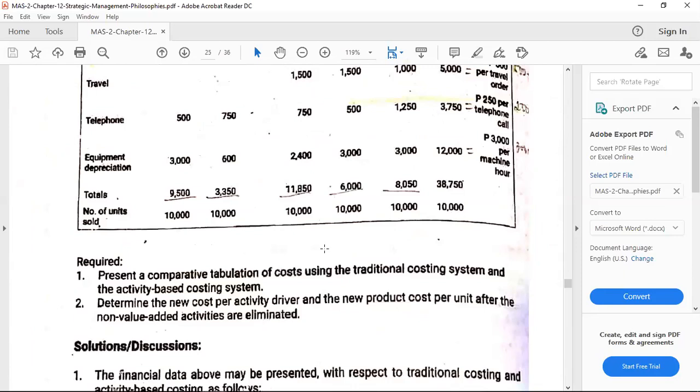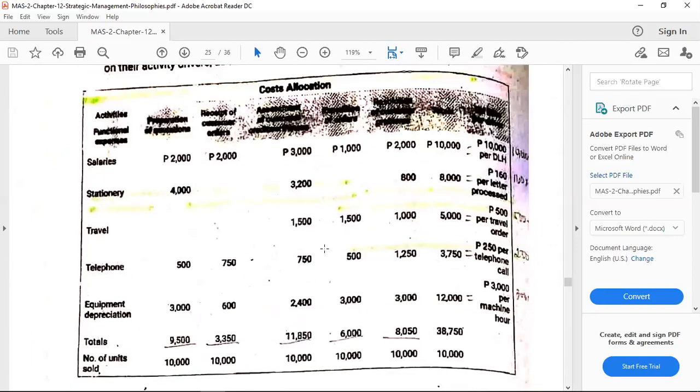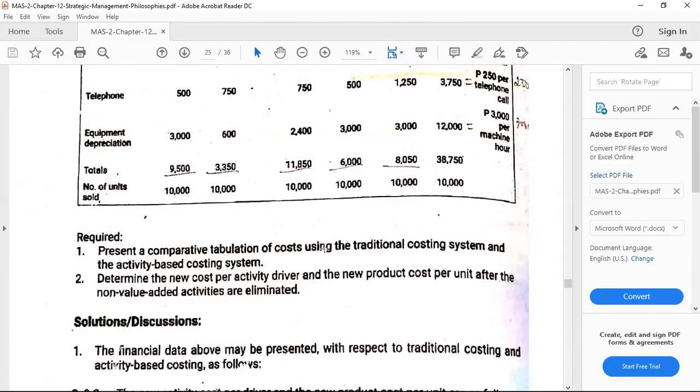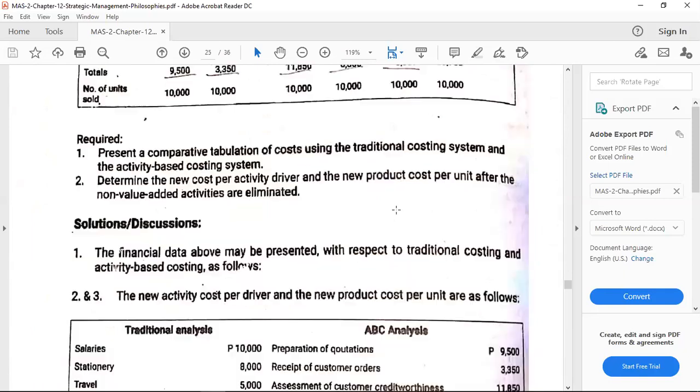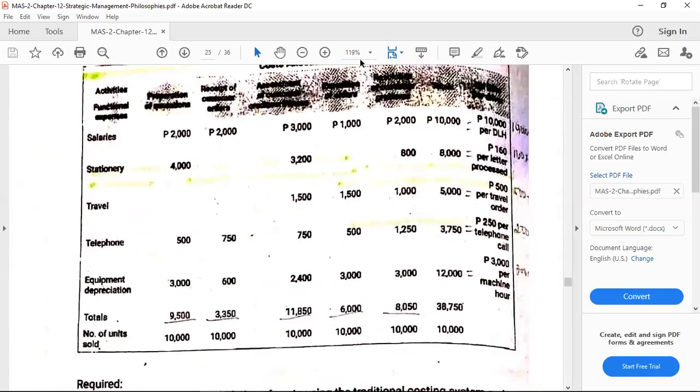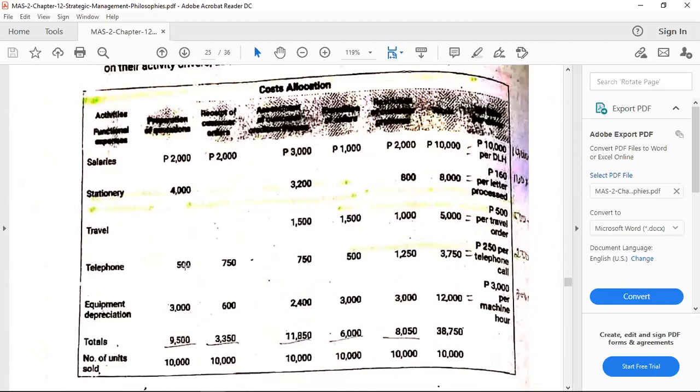I think this changes depending on the given items. These items here are coming from this side. Preparation of quotation is not really that clear.